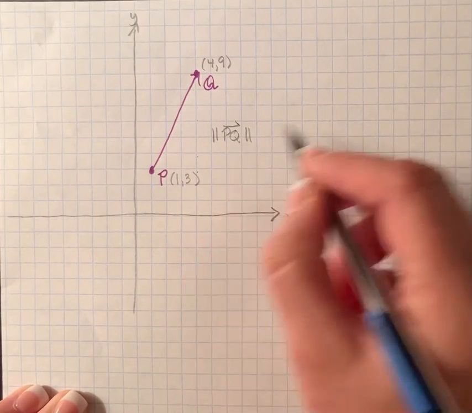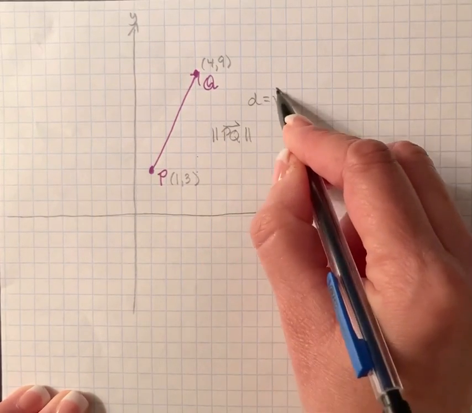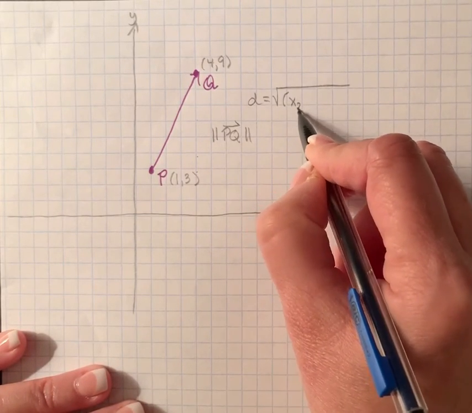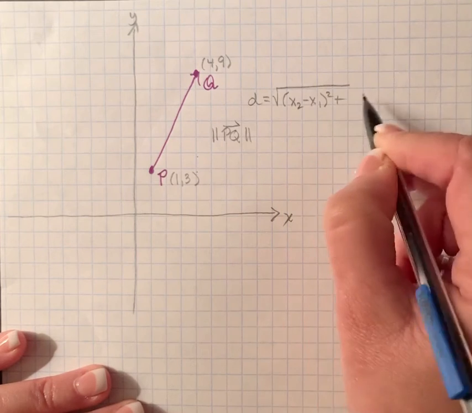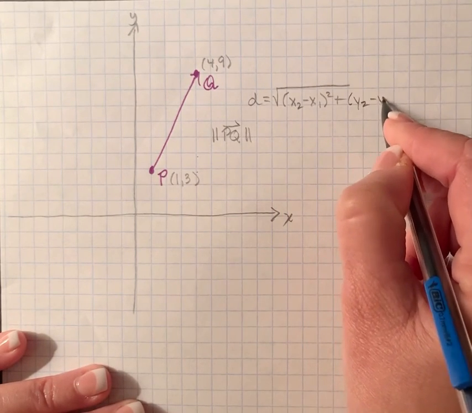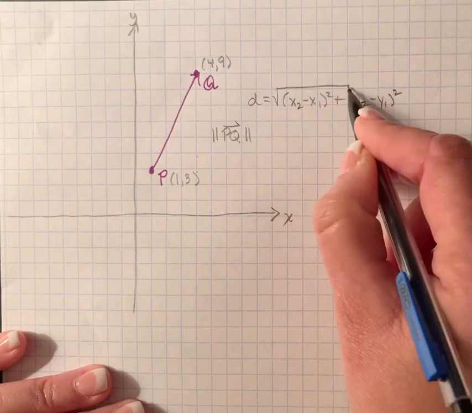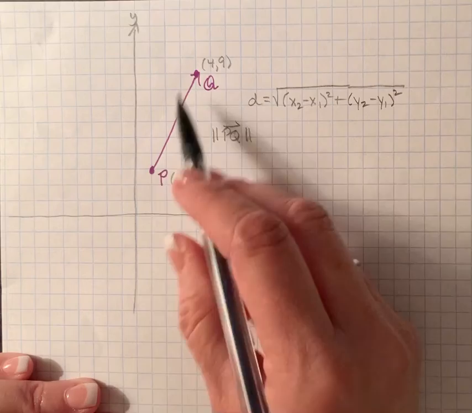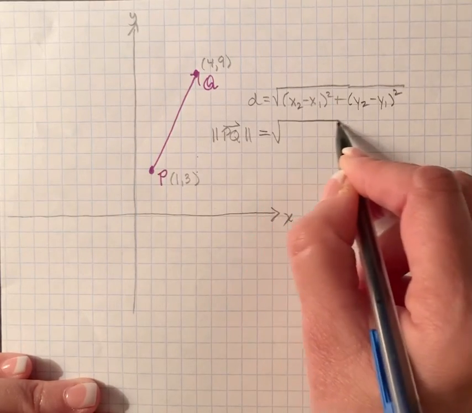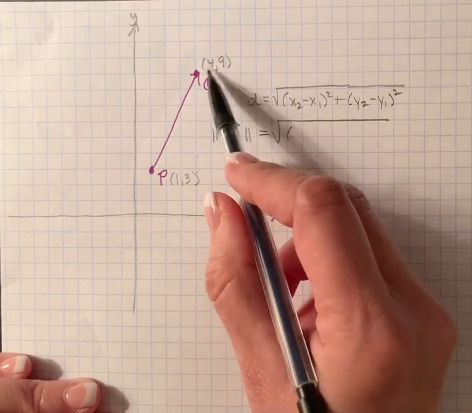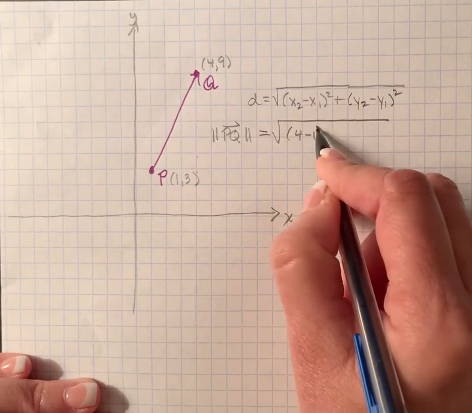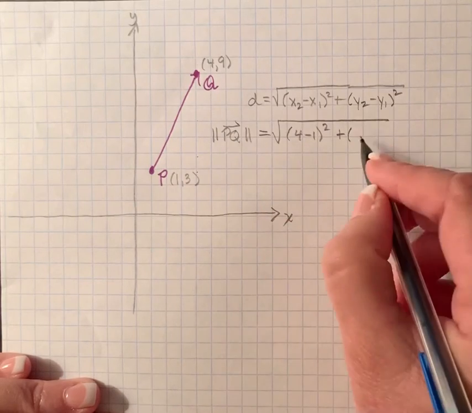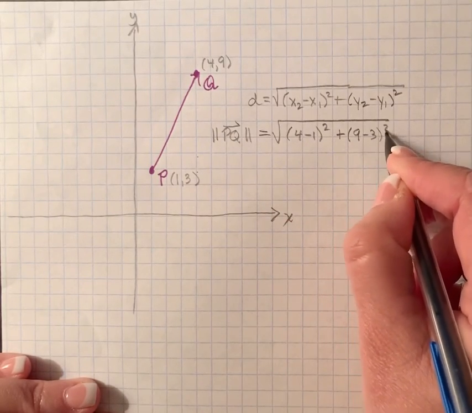The distance formula is the square root of the quantity x2 minus x1 squared plus the square of the quantity y2 minus y1. So if we're doing the distance formula here between P and Q, it would be the square root of 4 minus 1, the difference of the x coordinates, plus the square of 9 minus 3, the difference of the y coordinates.